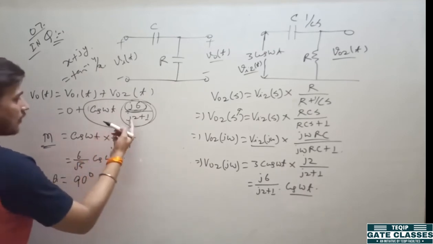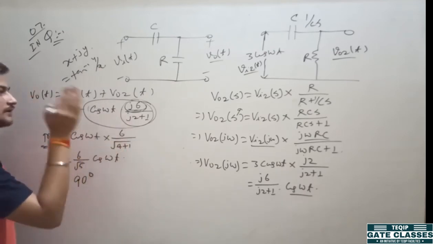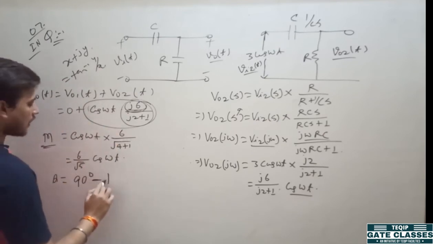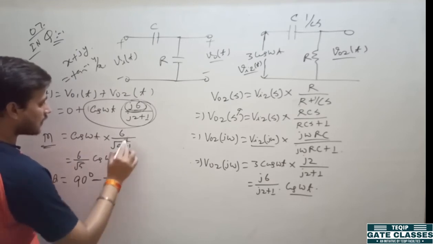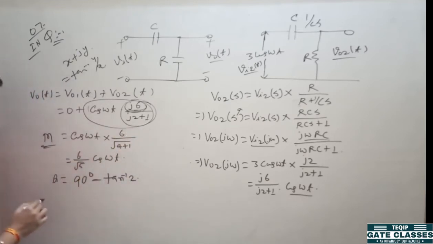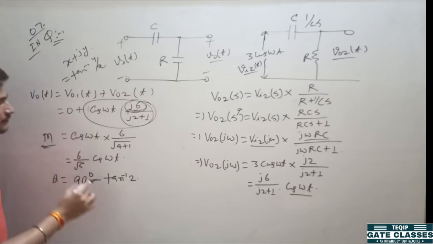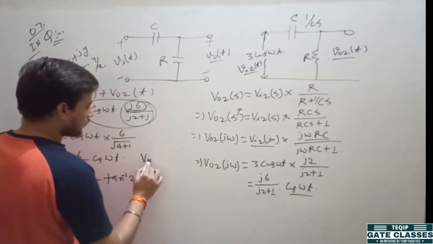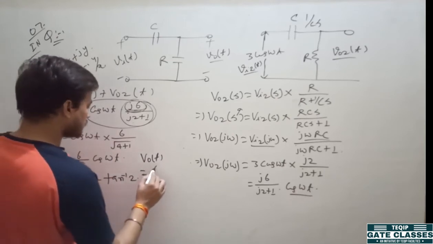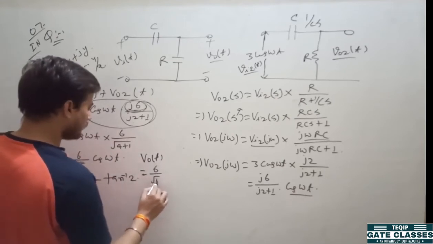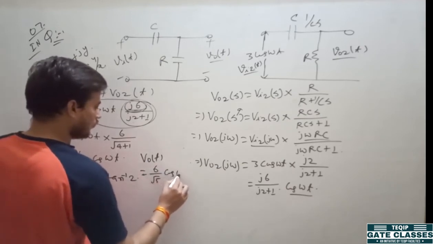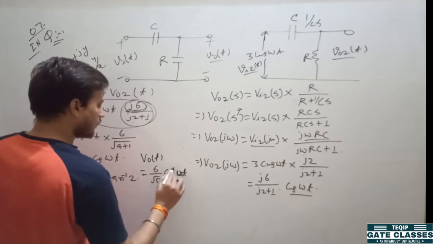Now it comes to the denominator. If it is in the denominator, the angle will be subtracted. Here the angle will be tan inverse y by x, that means tan inverse 2 by 1. So we can write this expression V naught t equal to 6 by root 5 cos omega t.